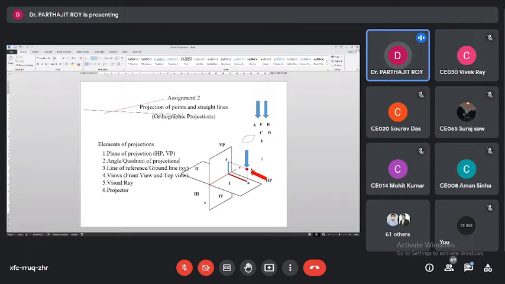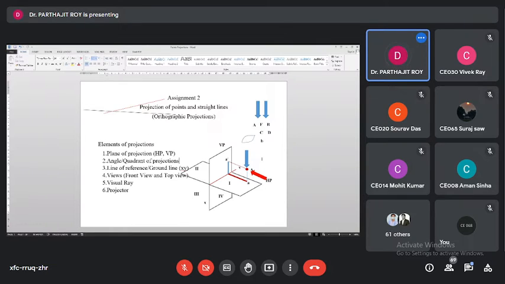So after visual ray, after looking then front view and top view, if you are joining your top view with the reference line with the perpendicular line, perpendicular to reference line. Similarly, top view also perpendicular to reference line. I mean, a perpendicular is dropped from the front view on the reference line. Similarly, another perpendicular is dropped from the top view on the reference line.